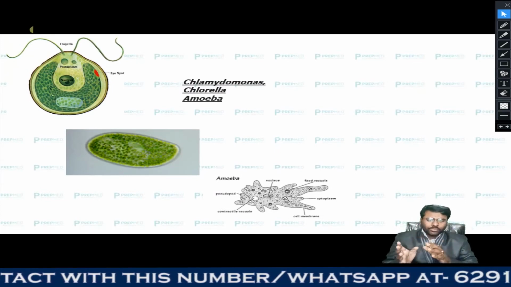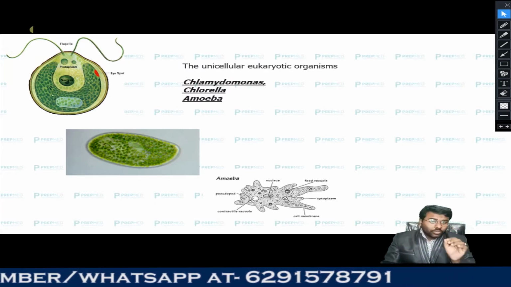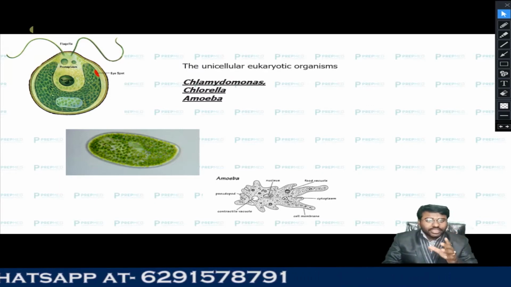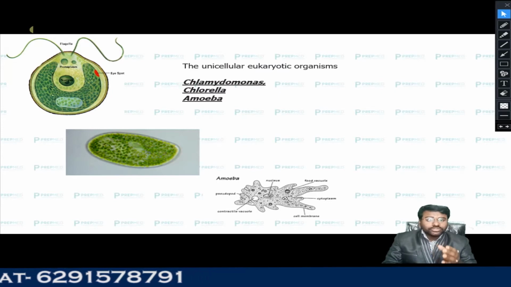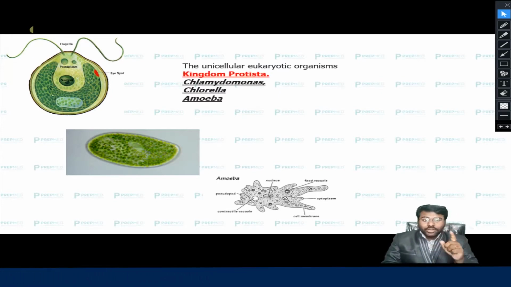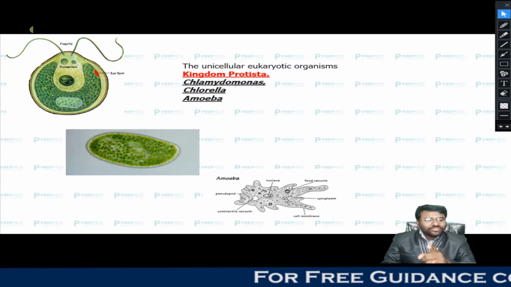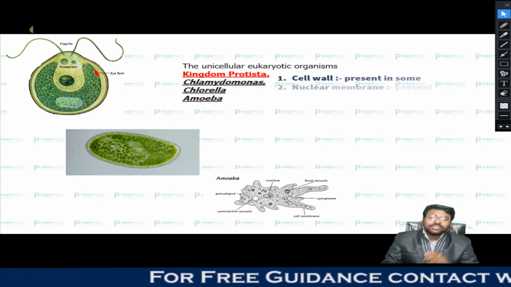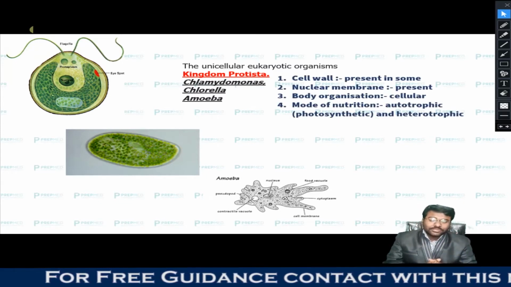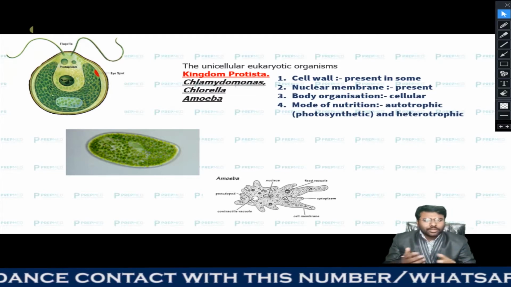When Chlamydomonas, Chlorella or amoeba come in your paper, you can clearly remember that they are unicellular eukaryotic organisms. And when a unicellular eukaryotic organism comes to your mind, the Kingdom Protista, definitely remember these 4 characteristics. First of all, the cell wall may be present or may not be present.